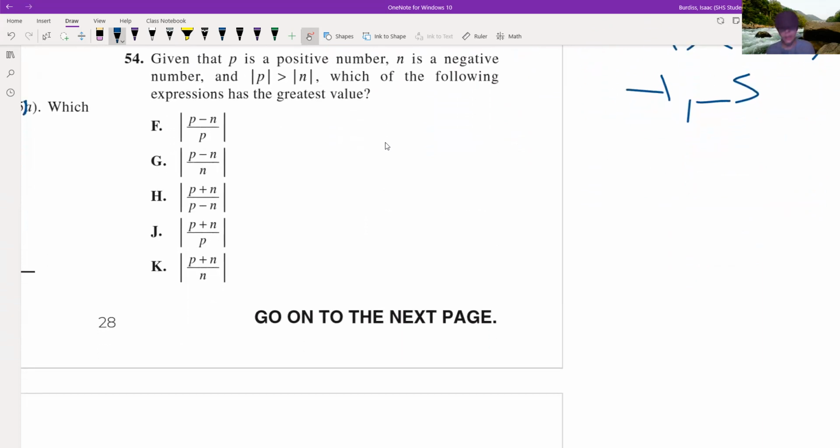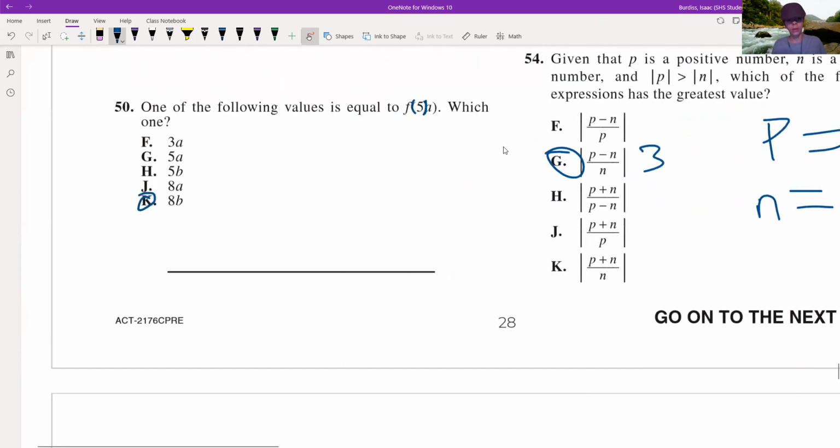Okay, P is positive, N is negative, so this is a hypothetical thing, so let's just say this is 1, and we can't say this is 1 if N is -1 because it says the absolute value of P is greater than N. Let's just say they're that. What is the greatest value? You just plug those in for each one. This one would get you 3, and that ends up being the greatest.